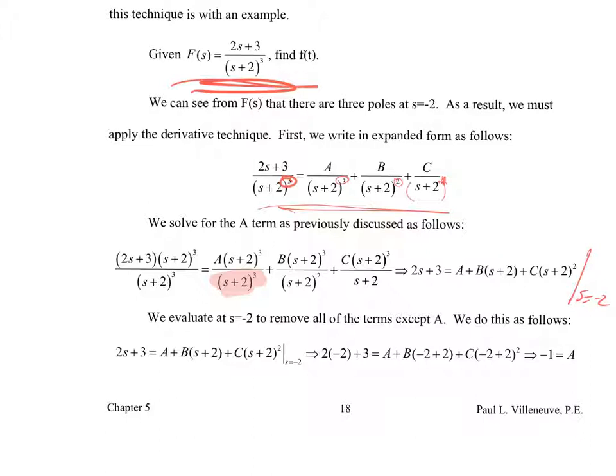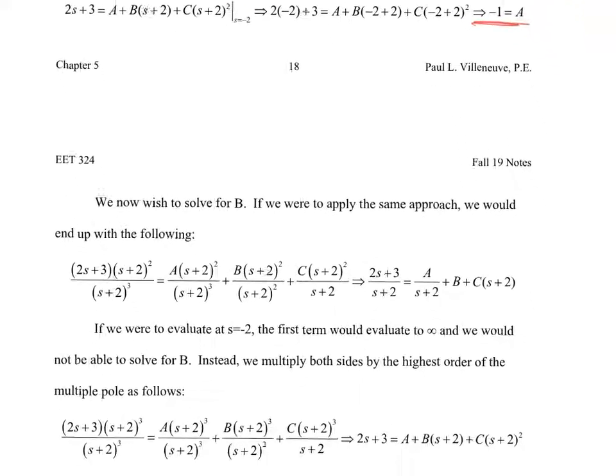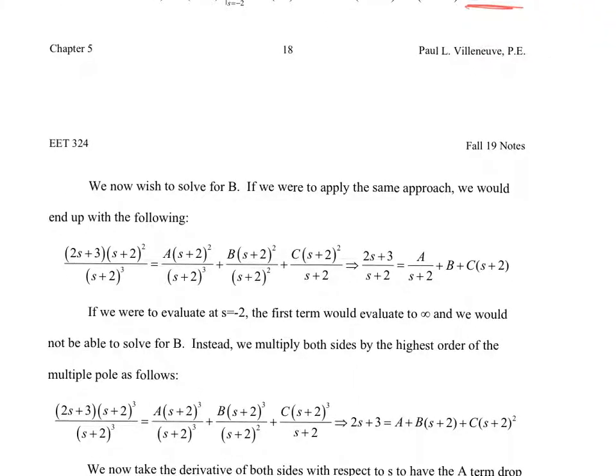Which is good because at s equals minus 2, this goes to 0, this goes to 0, and all I'm left with is A equals negative 1. So that's what we've been doing. Let's go ahead and do that now for B. We're going to multiply both sides by whatever is under the B term, in this case s plus 2 squared, and cancel out my terms.